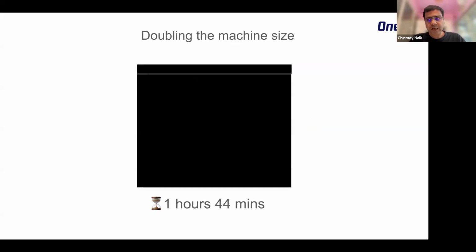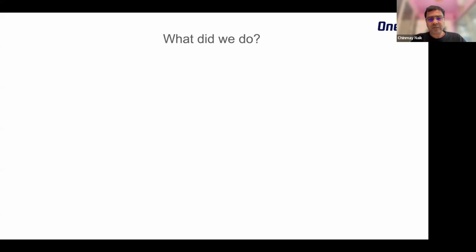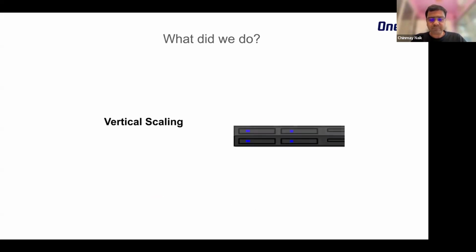That's probably 12, 13, maybe 15% improvement at most. What you realize though is that after you double the machine again and again, it doesn't really get better. So what did we do here before we move on? We did vertical scaling, right? We basically added more hardware.